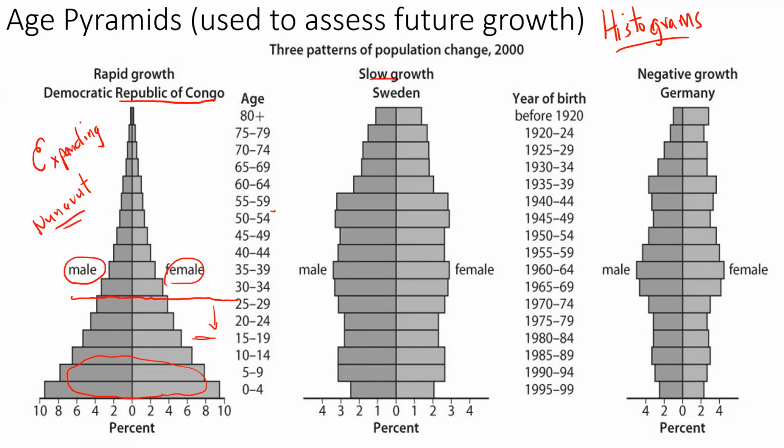Look at Sweden. Well, it's got fewer children, okay? It's got a narrower base. And so this is slower growth. Negative growth: these folks that are high childbearing populations, here's my childbearing population, are not having many children. So we have now negative growth.